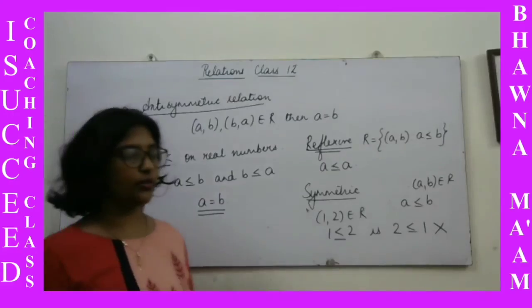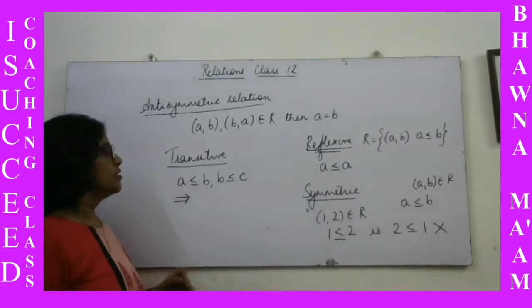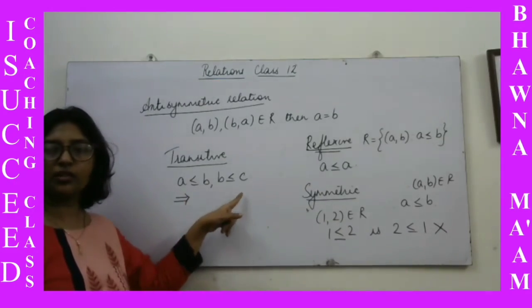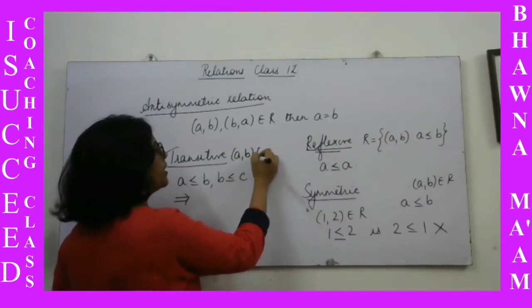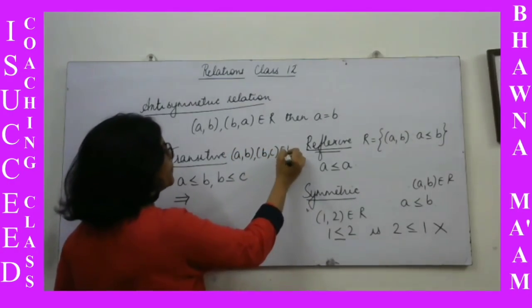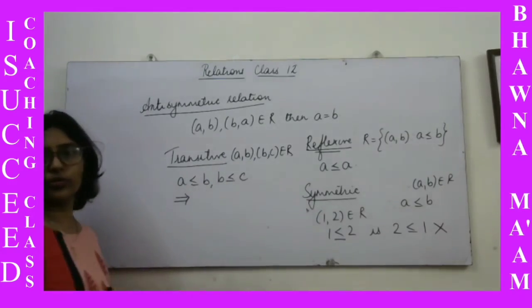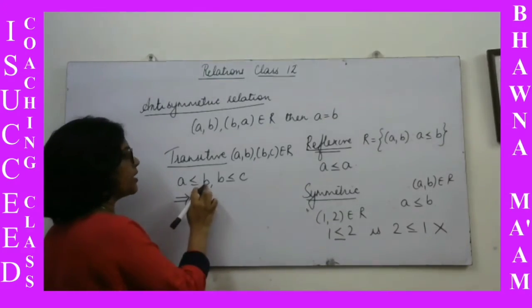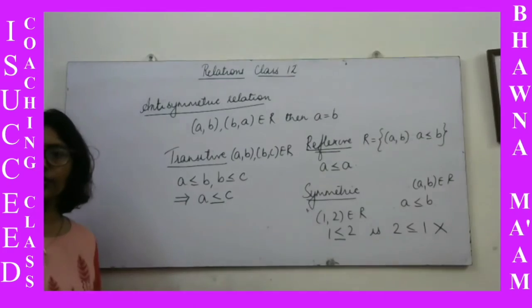One more we studied, that was transitive. So let's see if this is transitive. For transitive, we have A less than or equal to B, B less than or equal to C is given. In other words, I already know that (A, B) and (B, C) belong to R. So from the relation we have this and B less than or equal to C. For real numbers, we know that if A is less than B and B is less than C, then A will be less than C, or less than or equal to in this case.